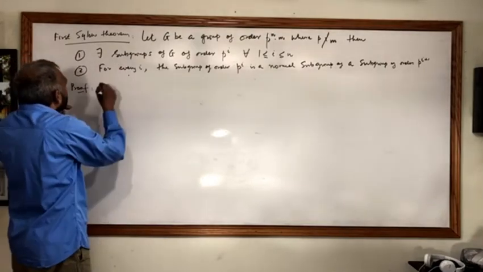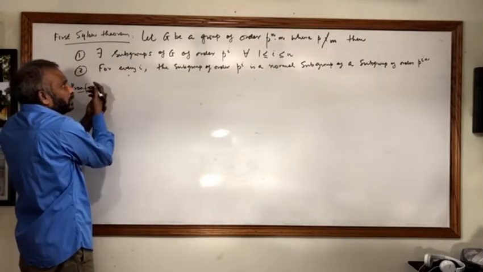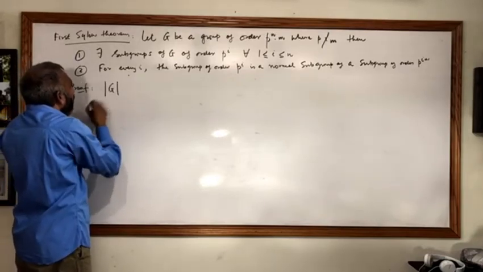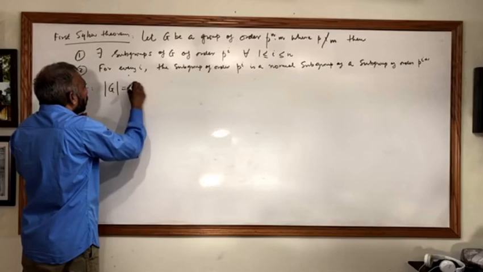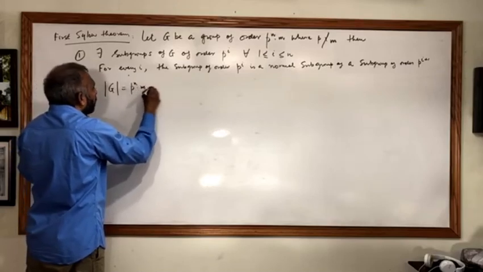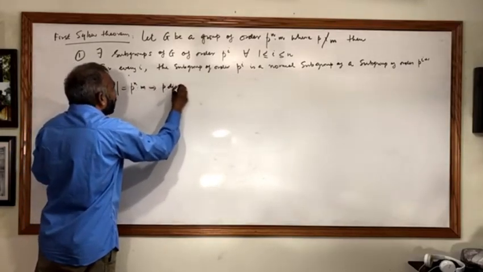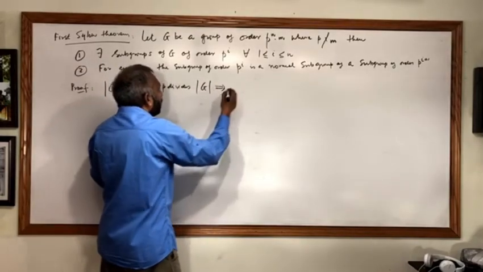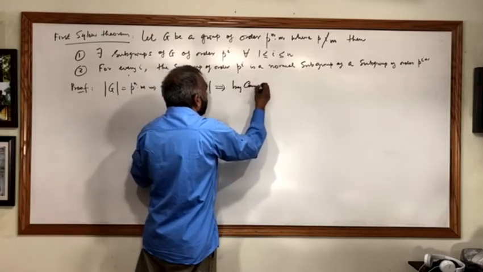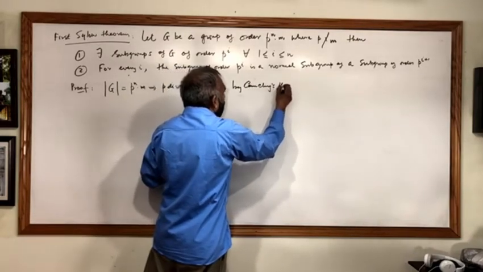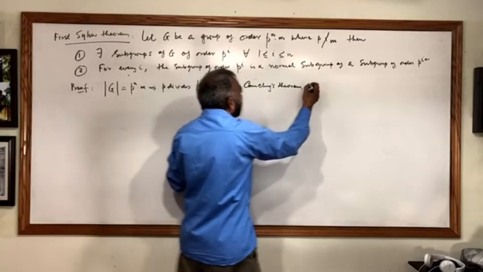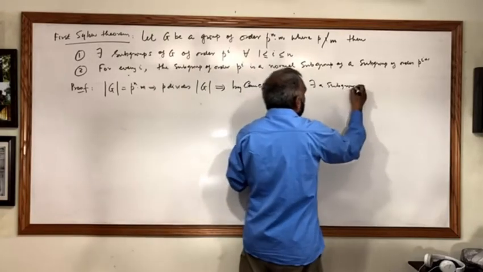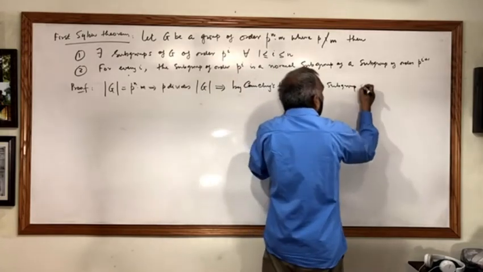So the first part of the mathematical induction is very simple here, because we have given that the order of G is equal to p to the power of n times m, which implies p divides the order of G, and that implies by Cauchy's theorem there exists a subgroup of order p.